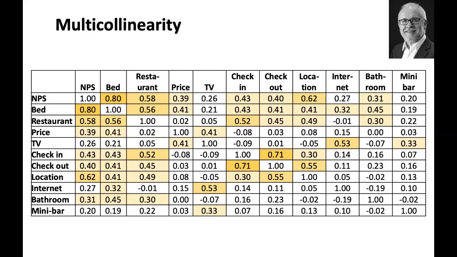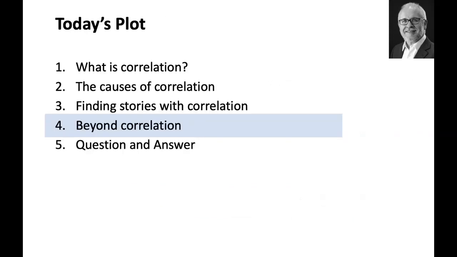So the check-in and the check-out are highly correlated with each other, about 50% in common. But also that means about 50% not in common. So there are some things which are distinctive about the two processes, and we might find there's scope to improve one or the other. So that is how we might use correlation.